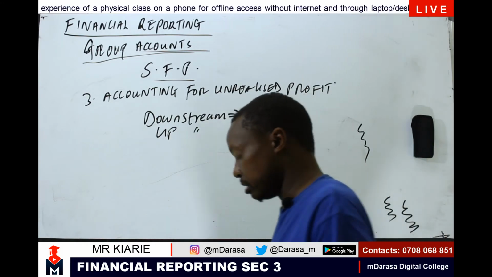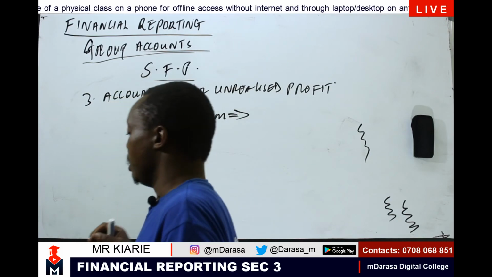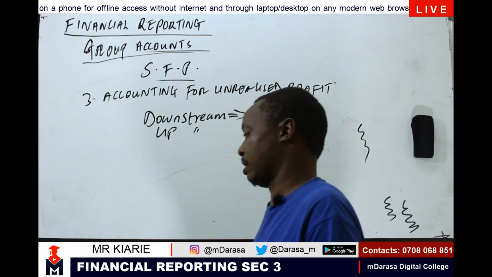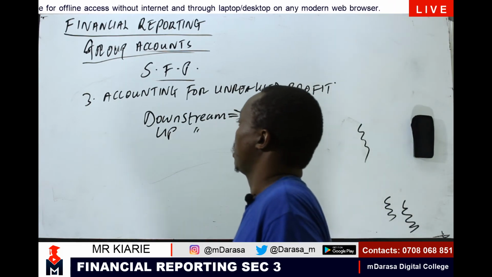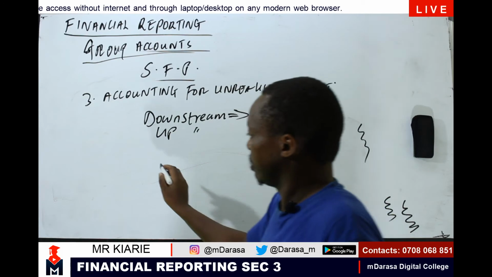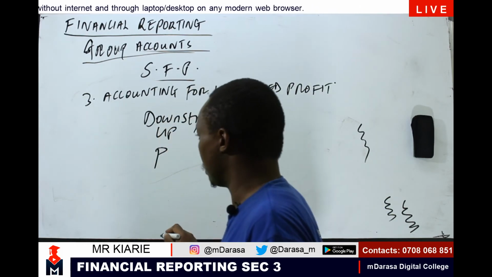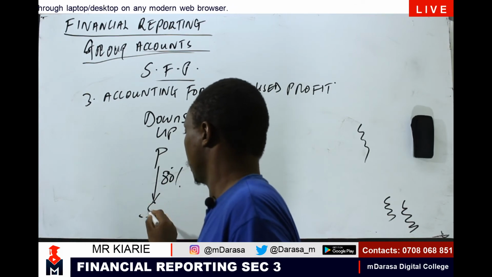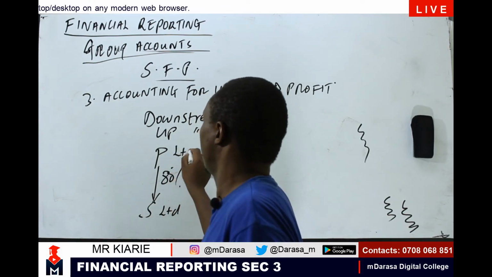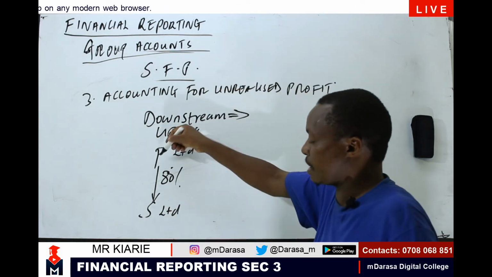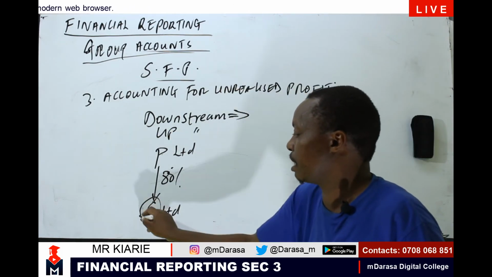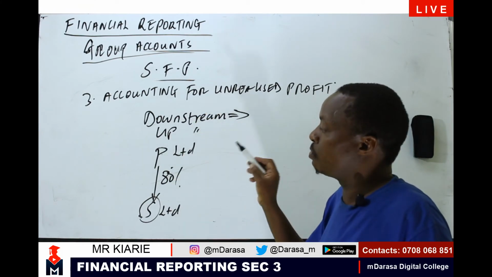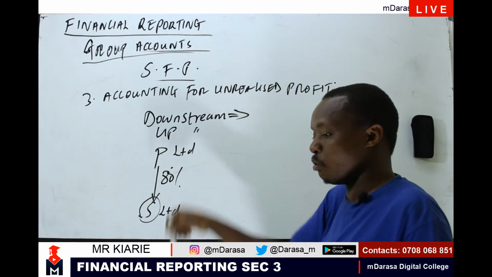It arises when it is the parent company selling goods to the subsidiary company. That means, for example, if you have P, which is a parent, controlling 80% of S Limited, which is a subsidiary, when it is P Limited selling goods to S Limited, that is what we call a downstream transaction, because as you can see, goods are flowing from top downwards.